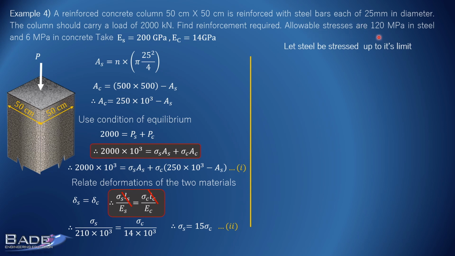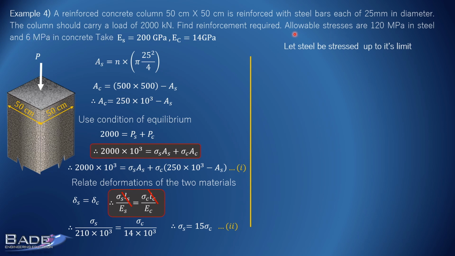These are simply conditions. That is, in this column, stress in steel should not exceed 120 megapascal and stress in concrete must not exceed 6 megapascal. So stress in steel must be 120 or less than 120. Stress in concrete in this column must be 6 or less than 6 megapascal.